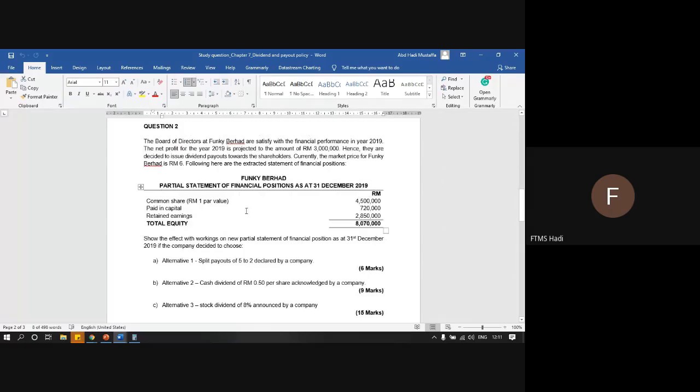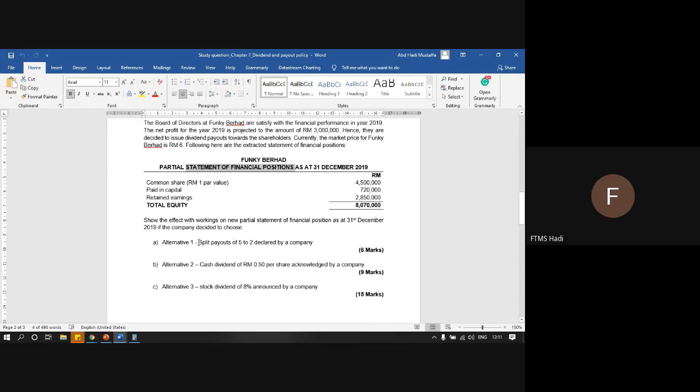You need to look at the above information and the below information. Show the effect on the new partial statement of financial position, which is similar to the balance sheet. The first alternative is a split payout of 5-2 declared by a company.